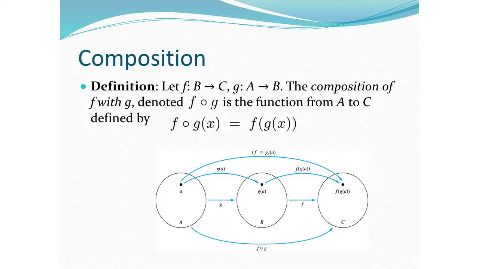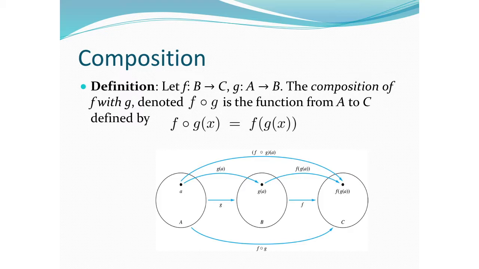Now the composition of the function f with g is like embedding the function g inside f. You can define it in terms of object orientation, where you have an object embedded inside another object, encapsulated in another object.